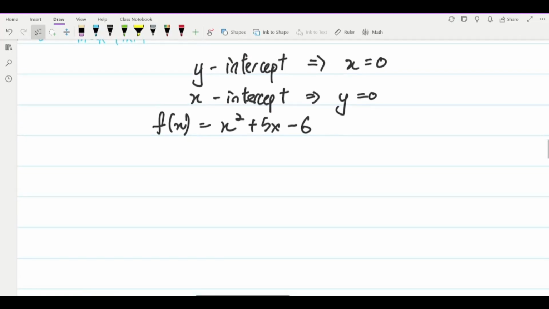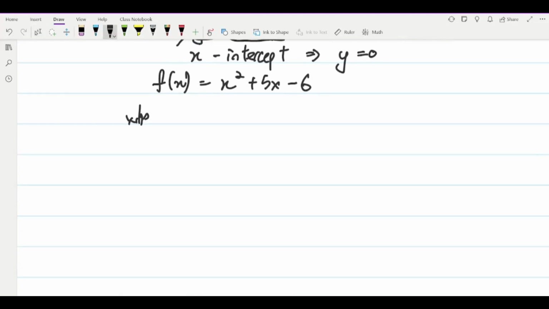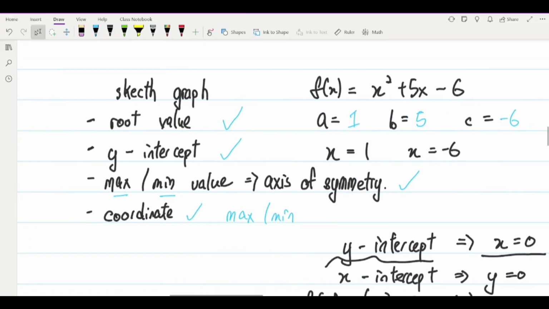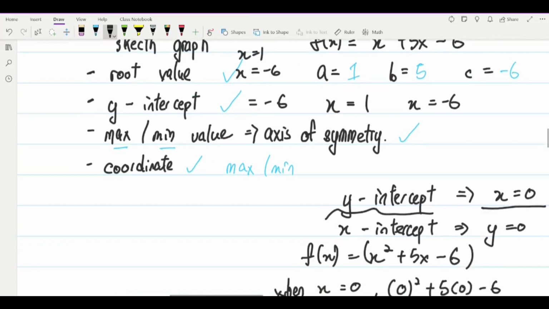So when we want to find the y-intercept, x will become 0, and we substitute the x value into this equation. So 0 squared plus 5 times 0, minus 6. So the y-intercept value will become -6. So we have done the second step. Okay, x equal to 1, x equal to -6.